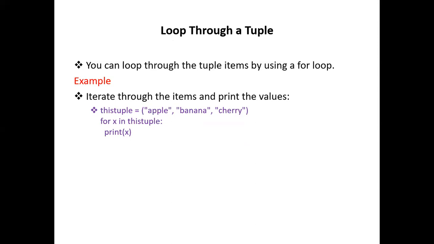But if you want to display all the elements of the tuple, then you have to use loop concept, that may be for loop or while loop. Here, for x in the tuple name. Same as list. There is nothing changed. If you understood the list concept, you can understand this one. It's very simple.